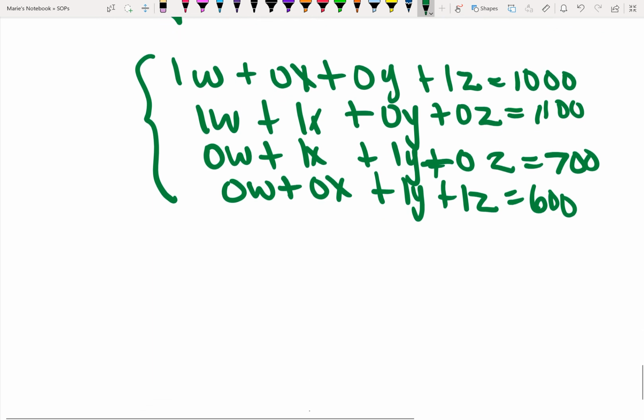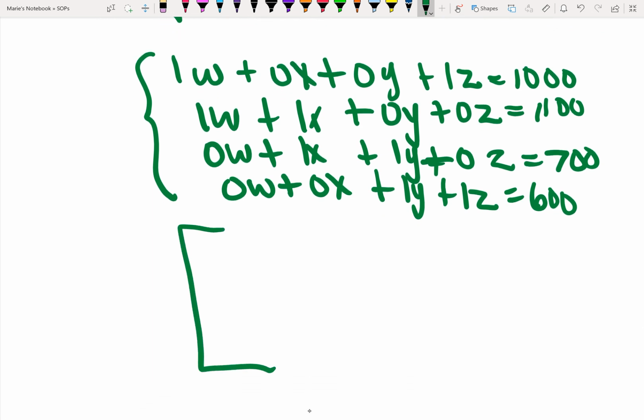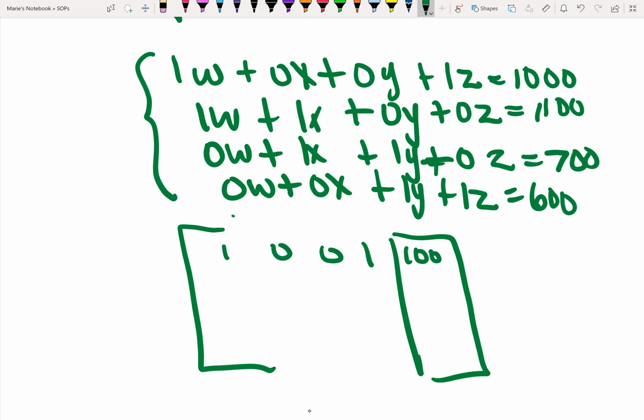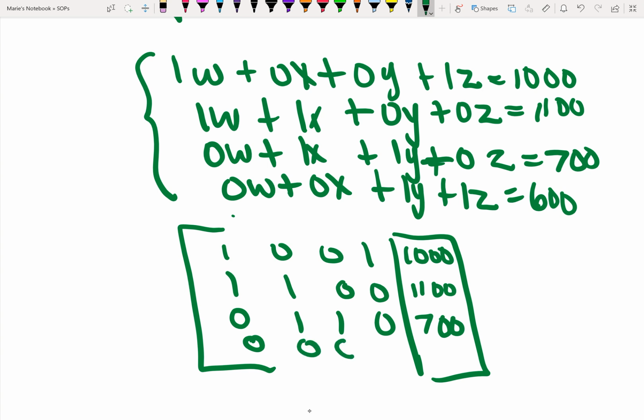And so if I were to do the augmented matrix for this, I have 1, 0, 0, 1, 1,000. I have 1, 1, 0, 0, 1100. I have 0, 1, 1, 0, 700. And then I have 0, 0, 1, 1, and this is 600.